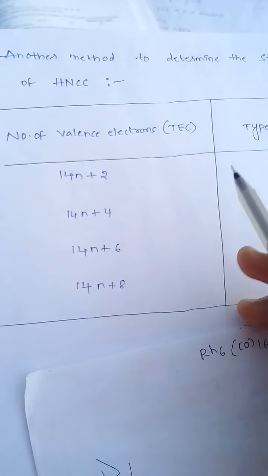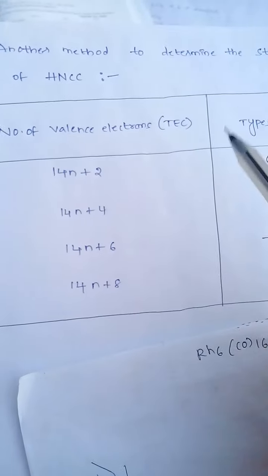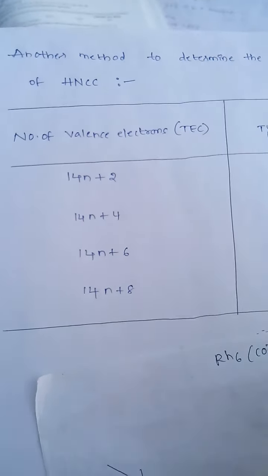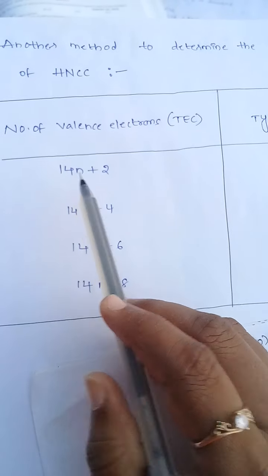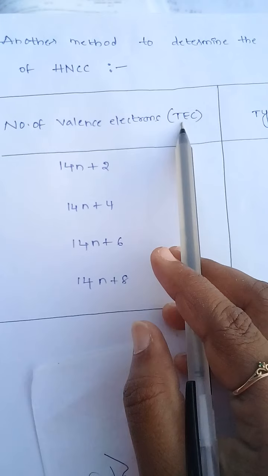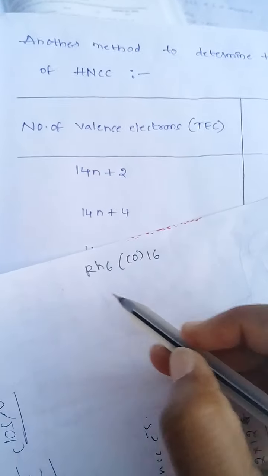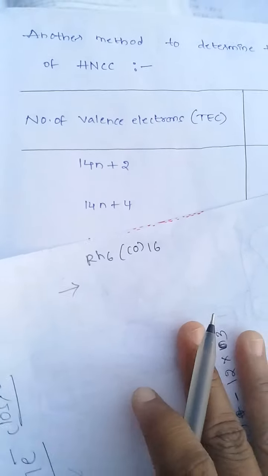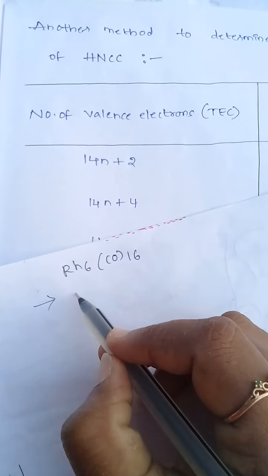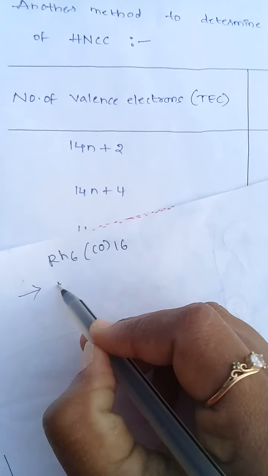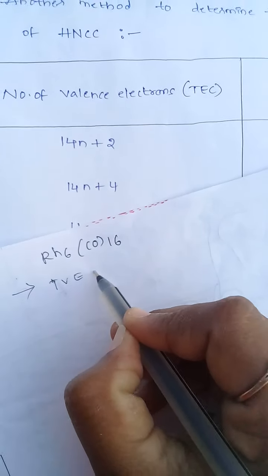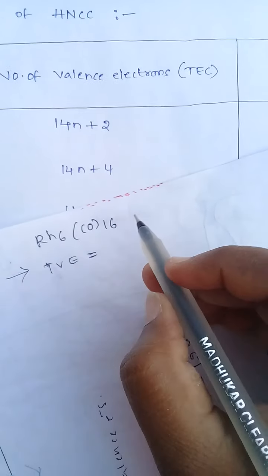And there is also another method to determine the structure of high nuclearity carbonyl clusters. Let us take an example to understand well. Total valence electrons we have to find in the first step.